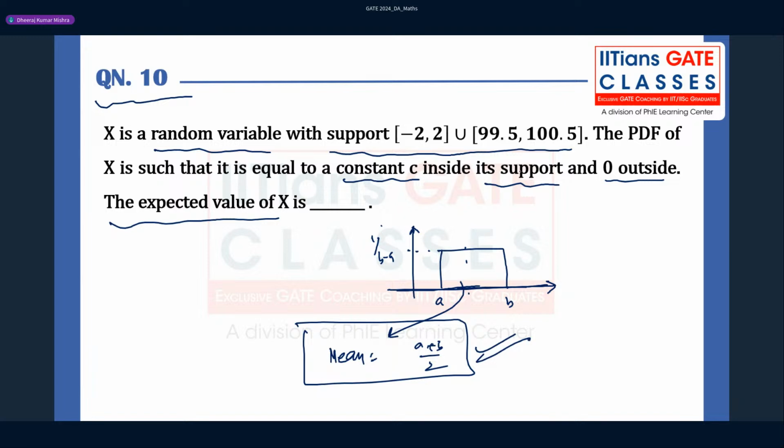These statements given here can be confusing also. If you go for finding c, then you will spend more time here. So what you can do here is directly find the mean. Since they have given that this is one uniformly distributed PDF, and this is also one uniformly distributed PDF, you can use this formula directly.